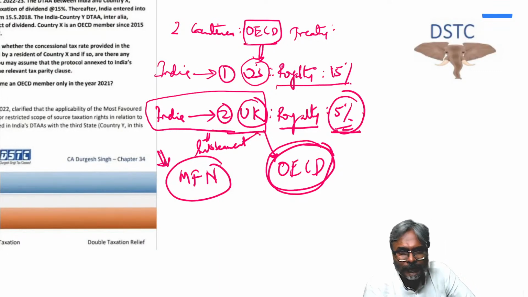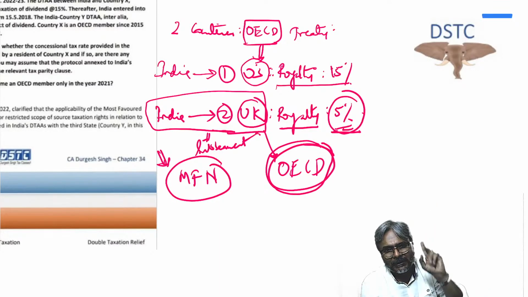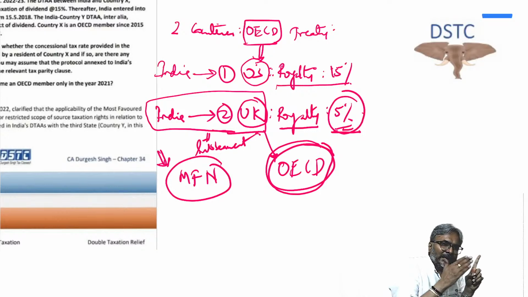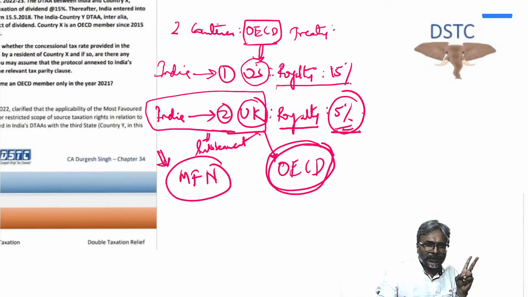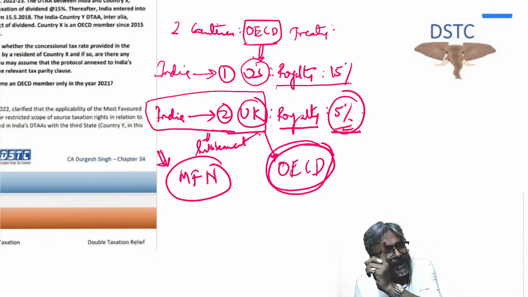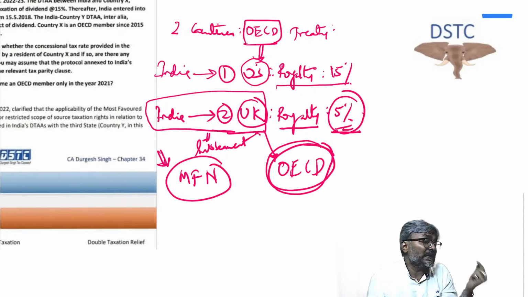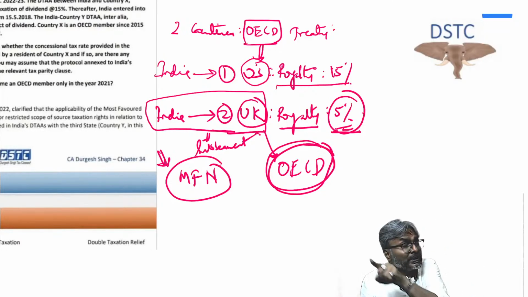Is that point clear to all of you? So three conditions, again repeat with me. First, these are two treaties, India-US and India-UK. The US resident wants to invoke the India-UK treaty, so the India-UK treaty should have come afterwards, after the India-US treaty.